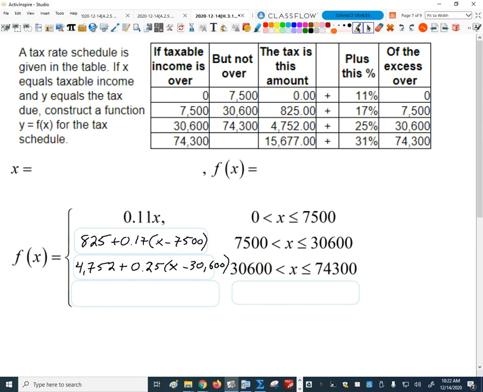So now we're going to end up with, you're going to pay 15,677 plus 0.31 times the quantity X minus 74,300.